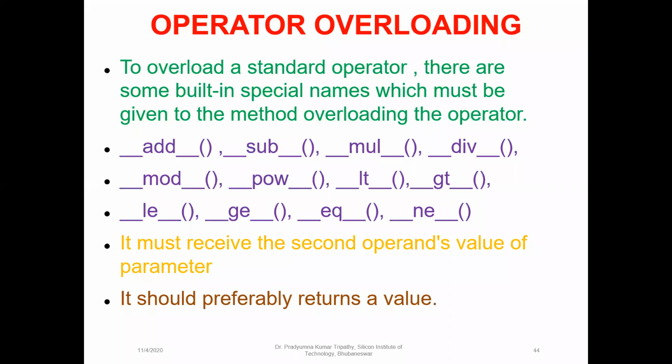For every operator, a special name is given. So if I want to overload the plus operator, then I have to overload this underscore method. If I want to overload the power operator, I will go for this one. If the less than operator is to be overloaded, I will go for this one. For the division operator, I'll go for this.